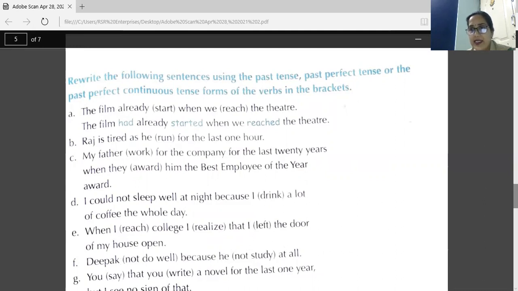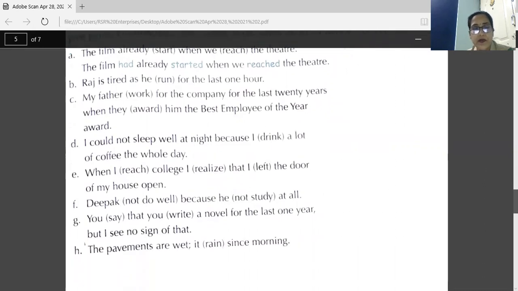Now, next sentence. You said that you had been writing a novel for the last 1 year, but I see no sign of that. For the last 1 year is given there, so we have to use had been writing.